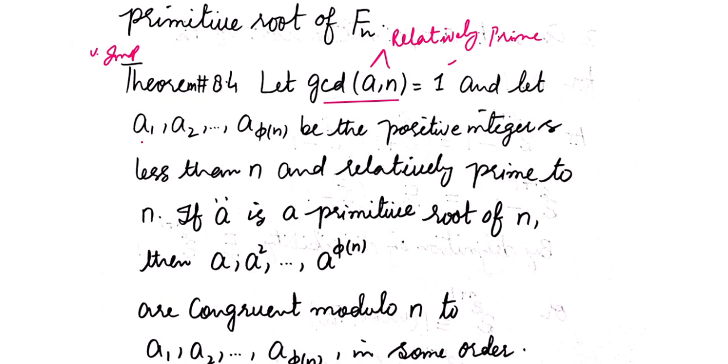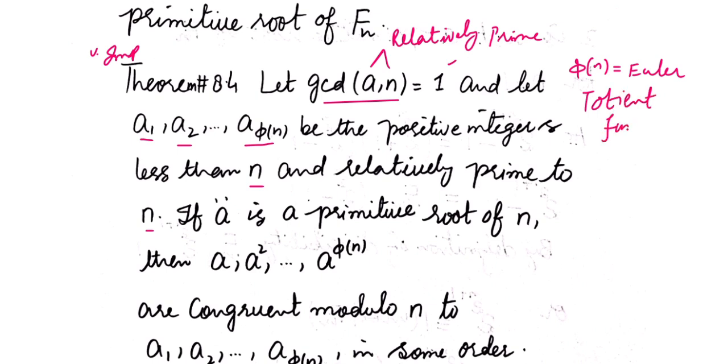And let a1, a2, and so on up to a phi n be the positive integers less than n and relatively prime to n. Phi n, you know, is called the Euler totient function.